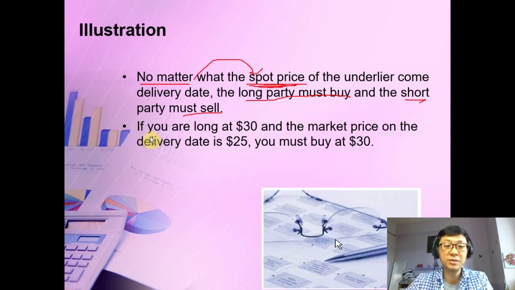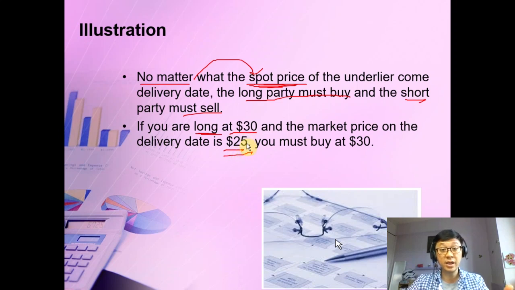So example, if you long for $30, the market price at the delivery date is actually 25. Let's say you are supposed to long. Remember, long is supposed to be buy. Am I supposed to purchase something at $30? But now the market price actually drops to 25. Market fluctuates.